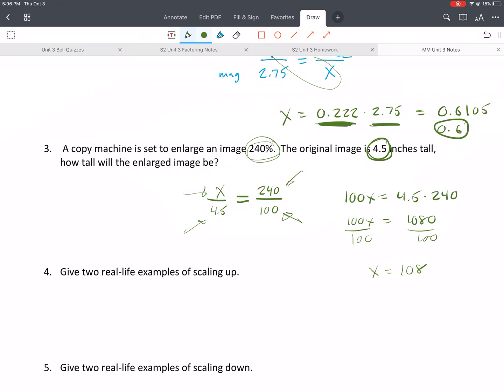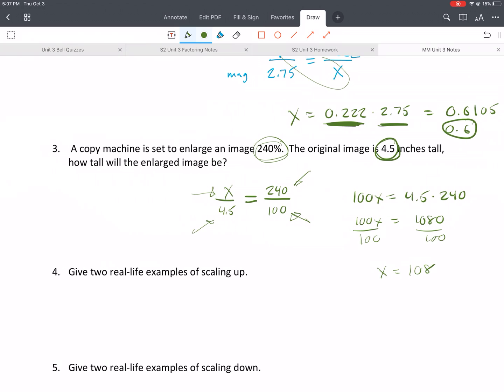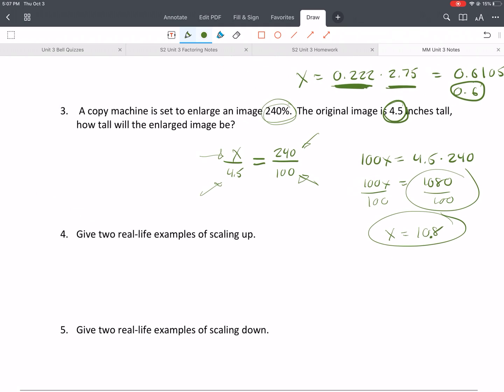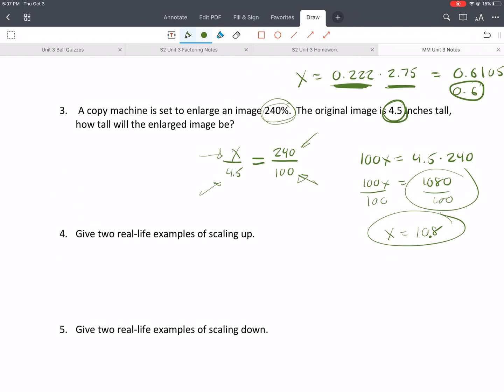Okay, I think I messed something up. That's really big. Oh, yeah, sorry, it should be 10.8. I just did that in my head and I did the decimal wrong. So 10.8 inches.